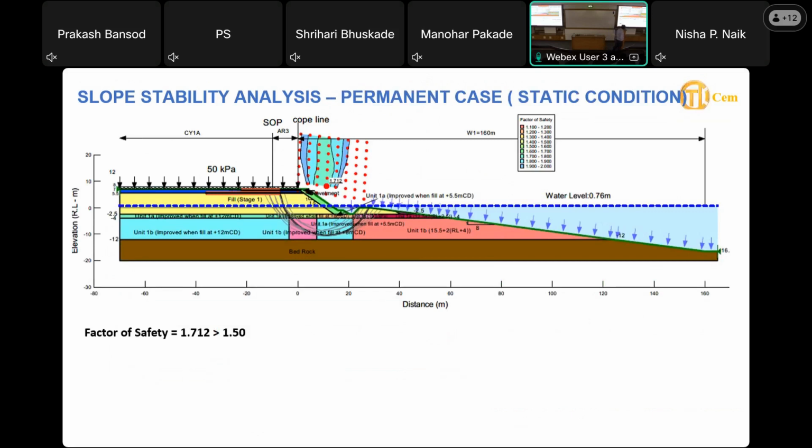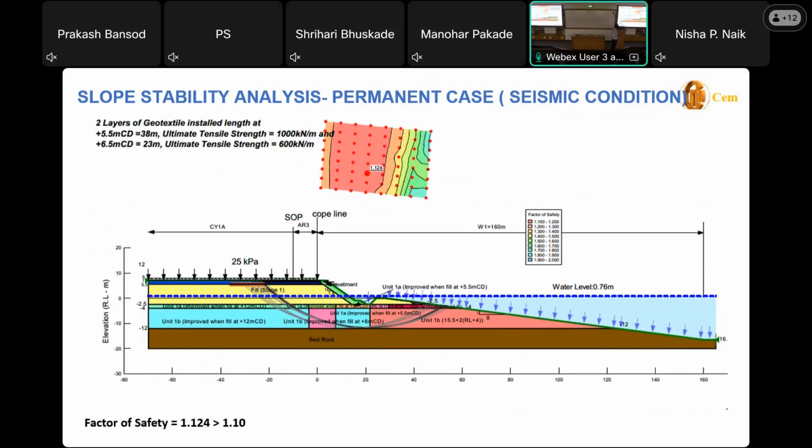Once we improve and have waited for the improvement, we are getting a factor of safety of 1.7, which is more than 1.5. And the same condition we have analyzed for the reduced load of 50% and the additional seismic loads. So it is slightly more than 1.1.